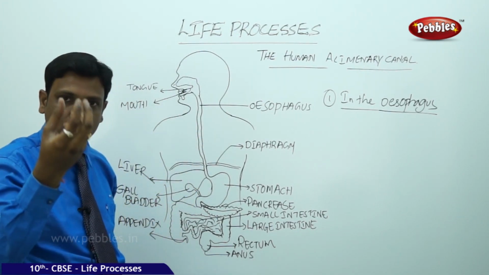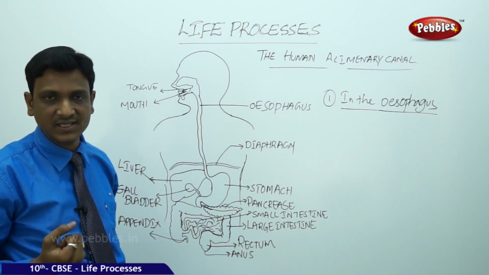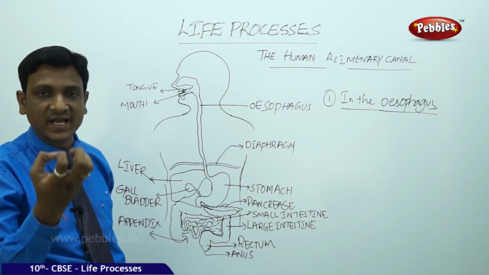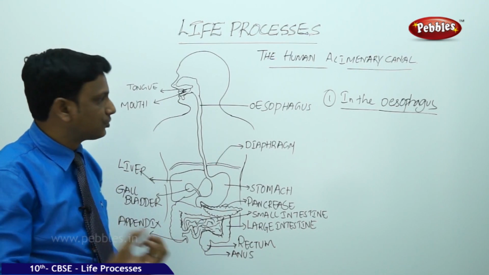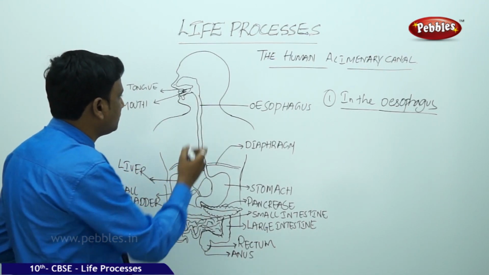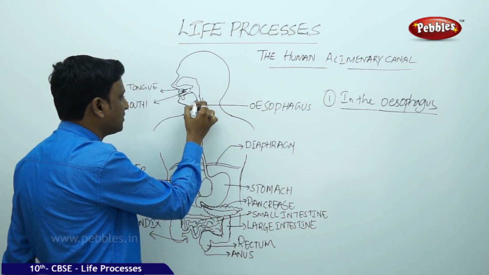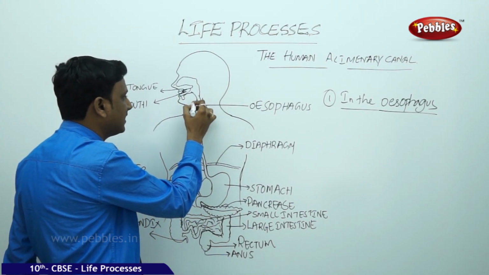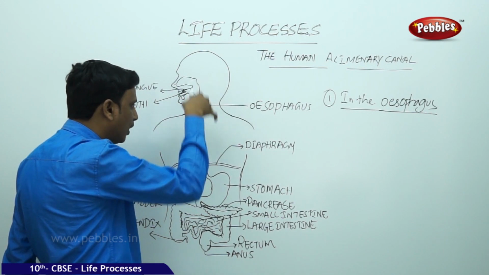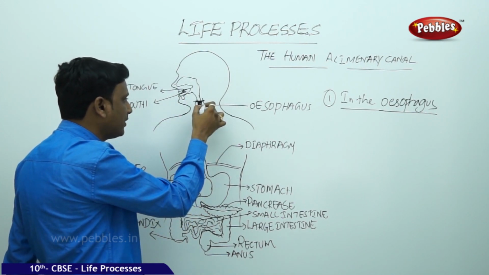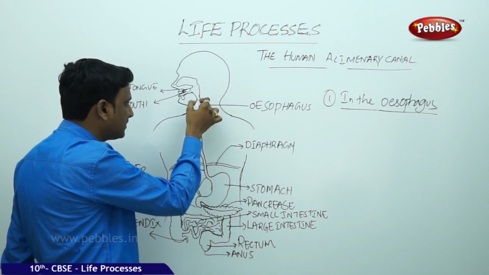The esophagus has longitudinal and circular muscles which produce wave-like contractions and relaxations. The circular muscles present here contract and push the food downwards, and the longitudinal muscles contract and relax.